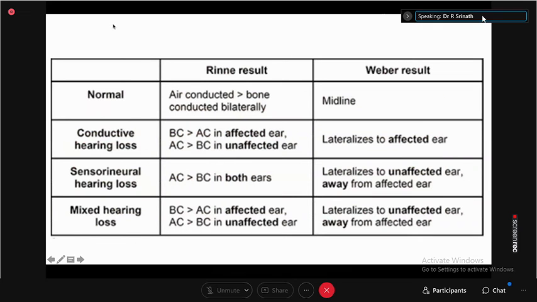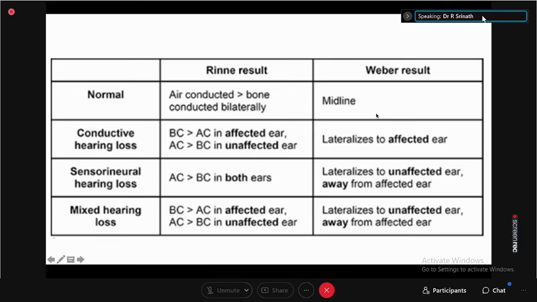Now this table explains, I'll try to simplify things for you. In a normal person, air is conducted more than bone. So air conduction is more than bone conduction. That is Rinne's test. And Weber's test is perceiving it in the central part. In conductive hearing loss, because of the problem in the middle ear cavity, air conduction is less than bone conduction, and bone conduction is more than air conduction.